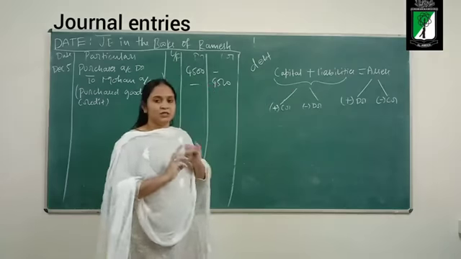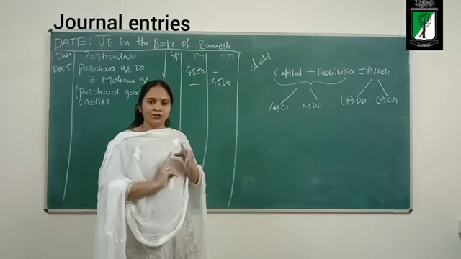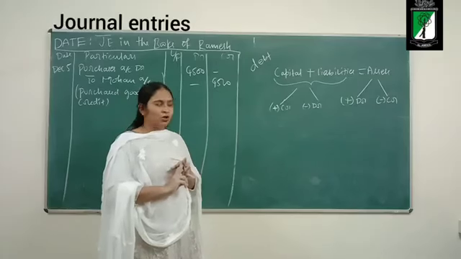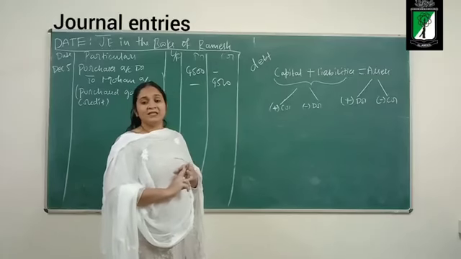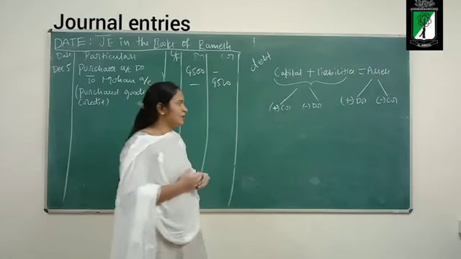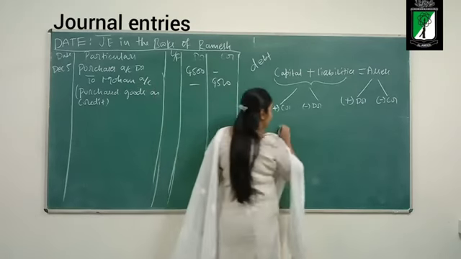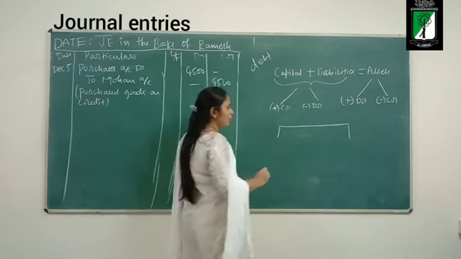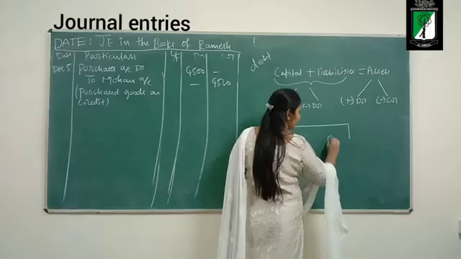Under the traditional approach, there are three golden rules of account which you have to follow: personal account, real account, and nominal account. Now the business is purchasing goods on credit from Mohan. What is the take aspect? What is the business taking?